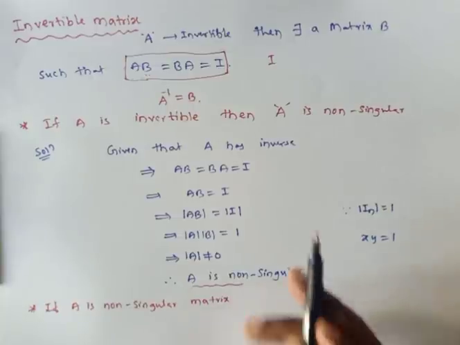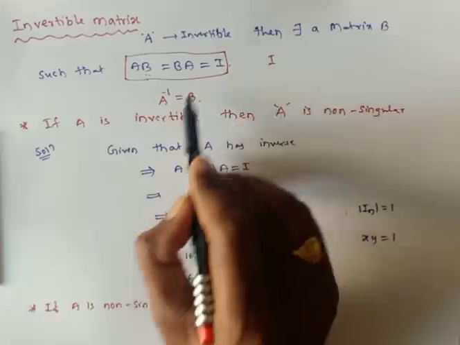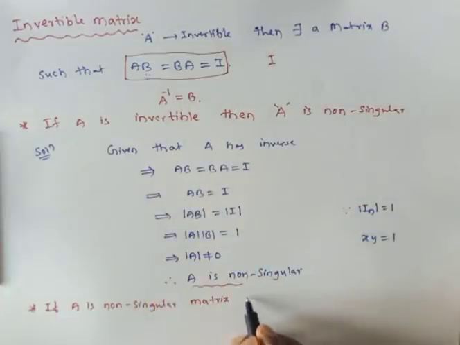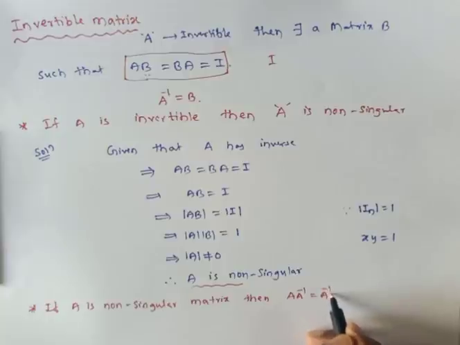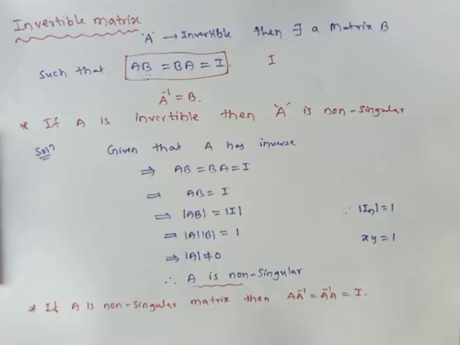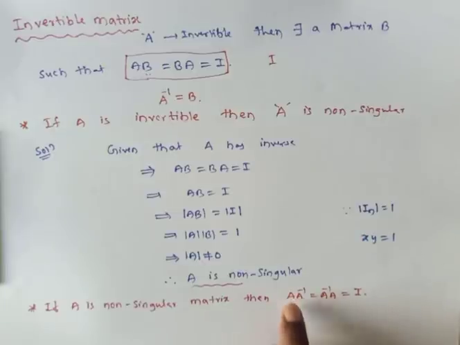Non-singular means A inverse exists, means A into B equals B into A equals I. That means A inverse equals B. So then we can write this A into B equals B into A equals I as A into A inverse equals A inverse into A, which equals I. So here A into A inverse and A inverse into A is an identity matrix. A matrix multiplied with its inverse always gives an identity matrix of the same order as A inverse and A.